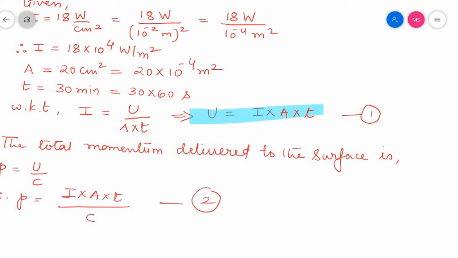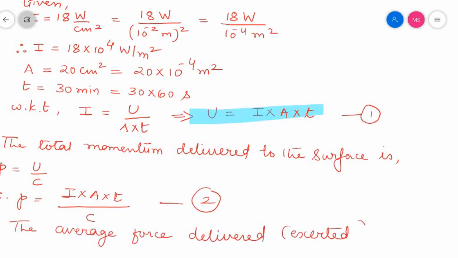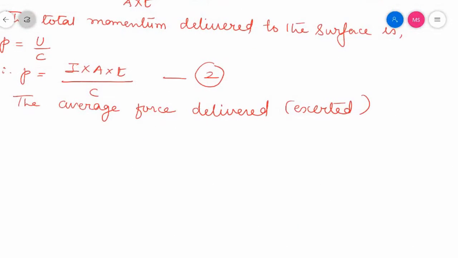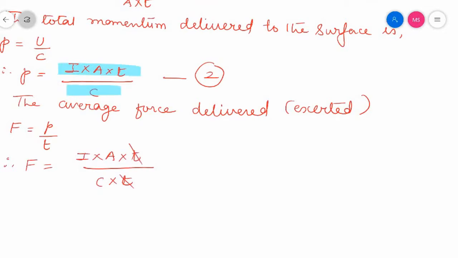Now the total force or the average force exerted on the surface is F is equal to P by T. Now let us substitute value of P from equation 2, that is I A T over C. So therefore we will get F is equal to I into A into T over C into T. T will get cancelled.